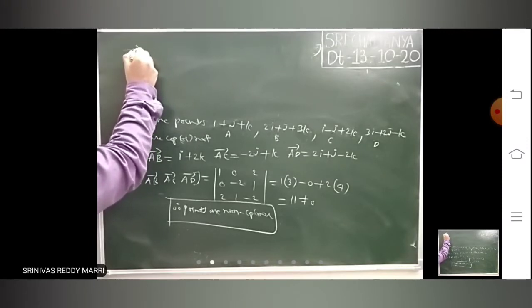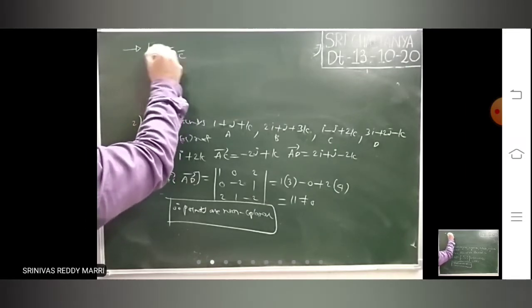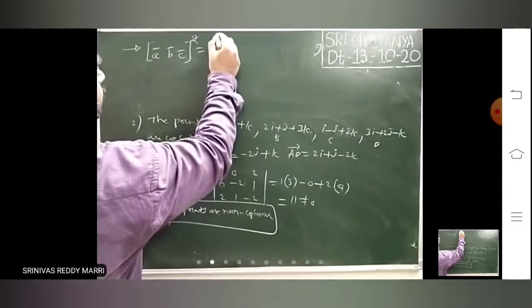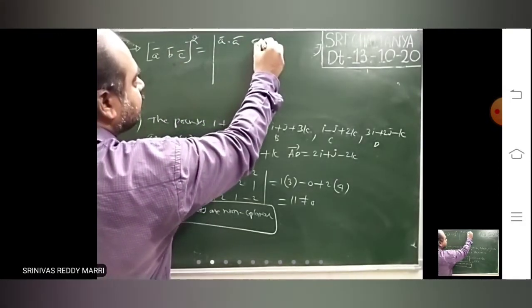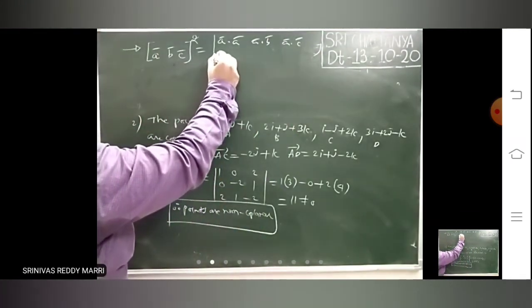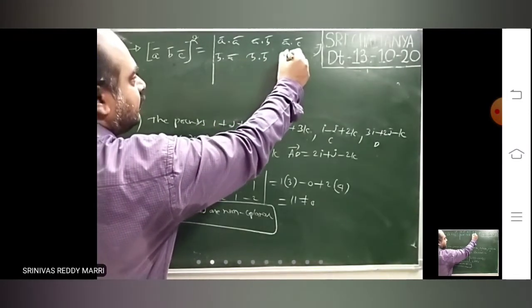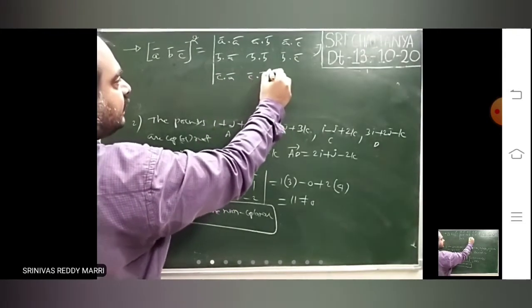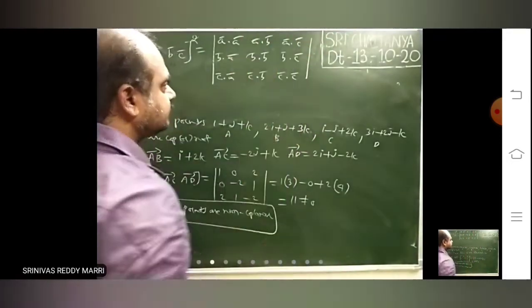One formula to calculate box ABC is, write this formula, everybody. Box ABC whole square is nothing but A bar dot A bar, A bar dot B bar, A bar dot C bar, B bar dot A bar, B bar dot B bar, B bar dot C bar, C bar dot A bar, C bar dot B bar, C bar dot C bar.